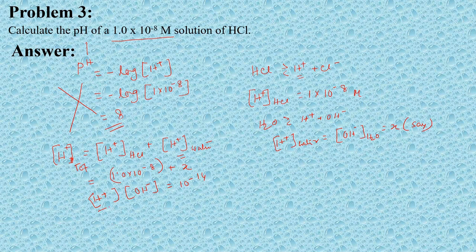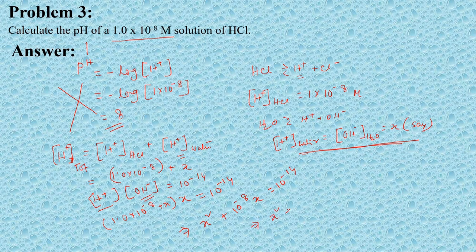So this H plus concentration is 1 into 10 to the power minus 8 plus X, and the OH minus concentration, since both are same for water and the source of H plus is water, is X, equal to 10 to the power minus 14.